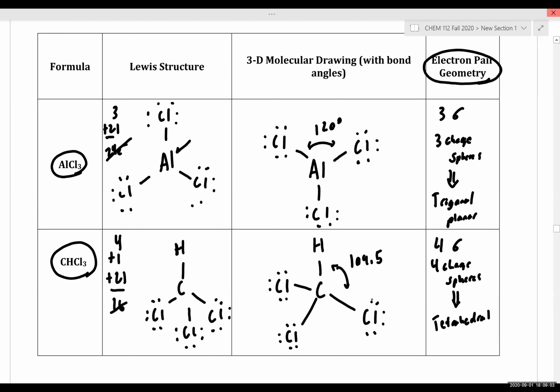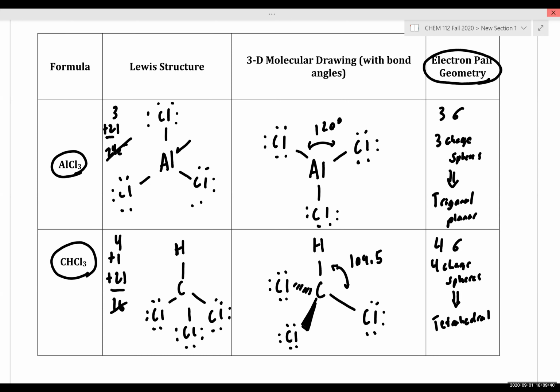Now, you can also describe three-dimensional shape using dash wedge notation, where the wedge indicates the atom is pointing towards you and the dash indicates it's pointing away from you. Both methods are valid. I want everyone, when you draw your Lewis structures, to be especially attentive towards making sure your Lewis structure is accurately reflecting the bond angles and the shape around our central atom.